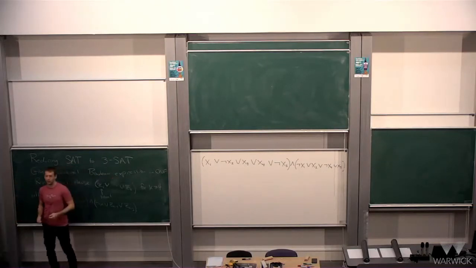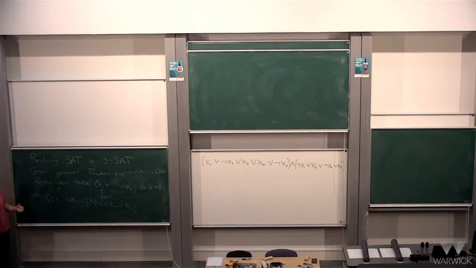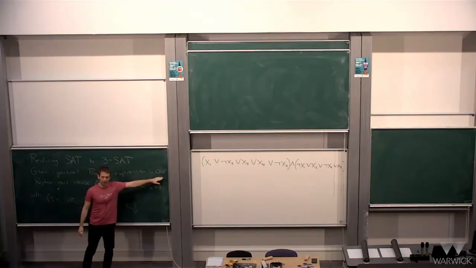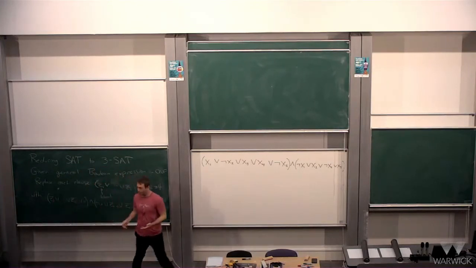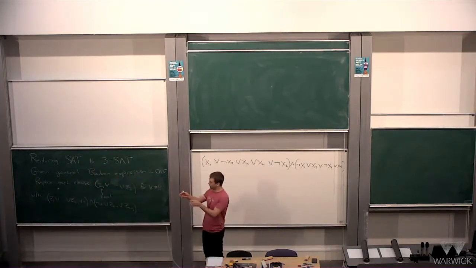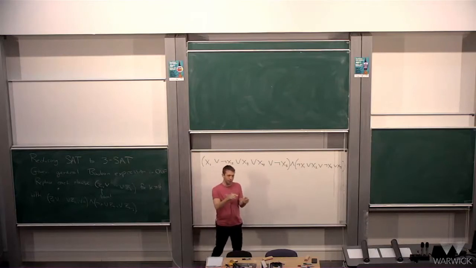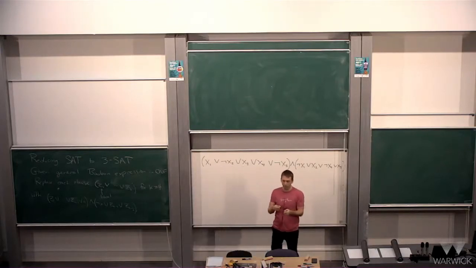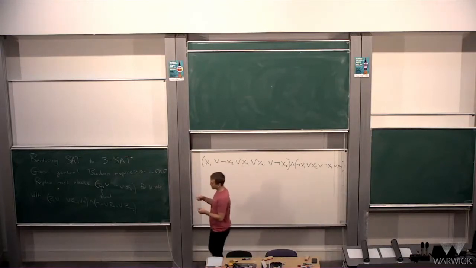into 3-SAT, right? So you're given a SAT problem, so you have a Boolean expression, and you might remember we can assume that it's in conjunctive normal form. Remember, that's just like you have these clauses. So each clause is a big OR thing with a bunch of literals, which are variables or their negation, and between them you have AND.